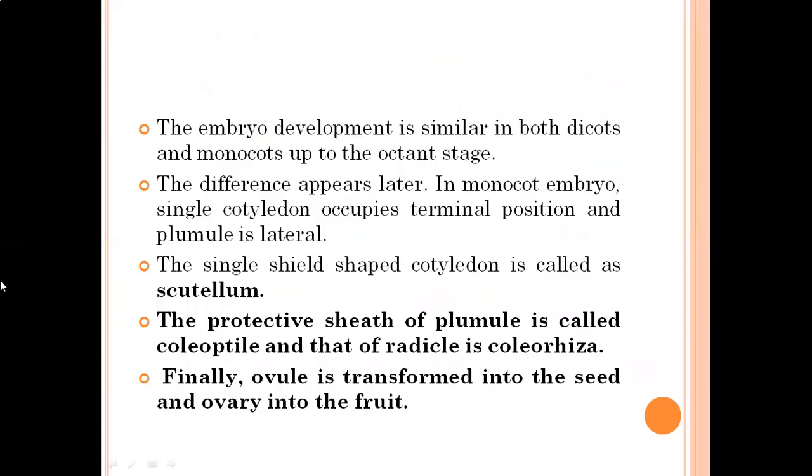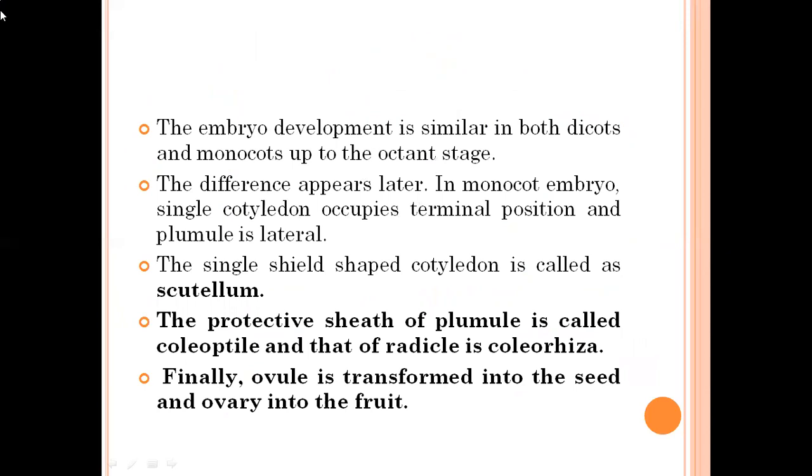Okay, now next, the embryo development is similar in both dicots and monocots up to the octant stage. Just now I showed you that octant stage. So the development of embryo up to that octant stage is the same in dicots as well as in monocots. The difference appears later after this octant stage. Difference you can see in monocot embryo.